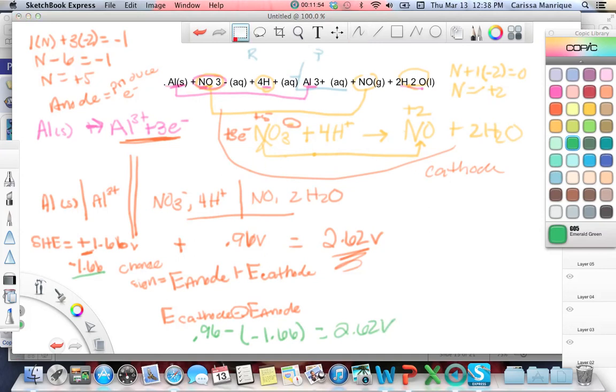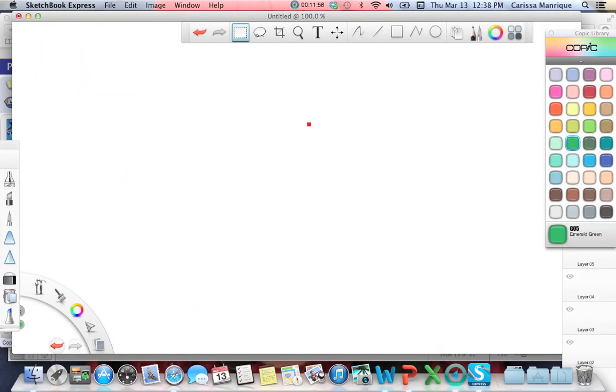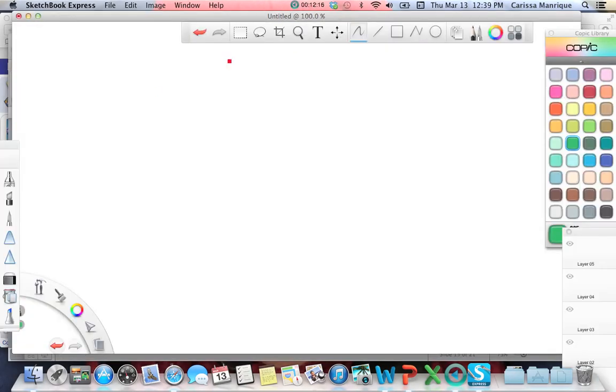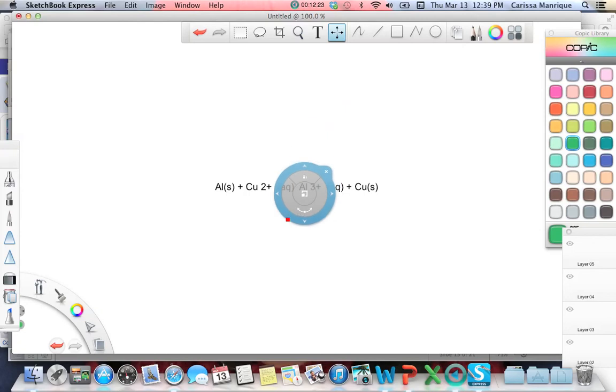Alright, let's do another one here. Okay, so if this is the full equation here, let's write the half equations and put them in the cell notation.